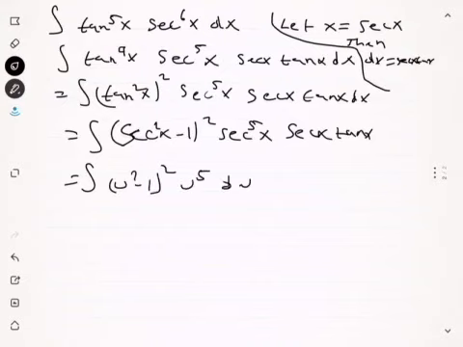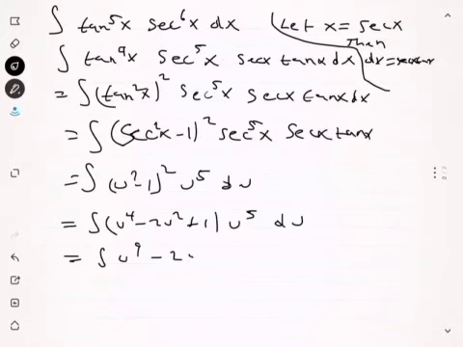That's all it is. And then you multiply, so first of all, this is u to the fourth power minus 2u squared plus 1. You're going to multiply that by u to the fifth power du. And then you get u to the ninth power minus 2u to the seventh power plus u to the fifth power du.